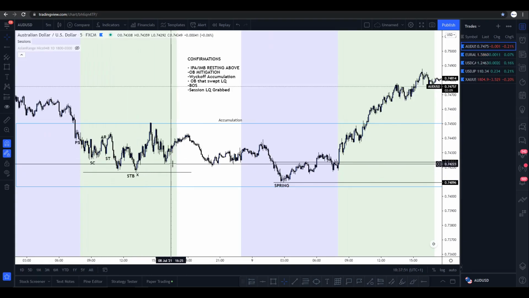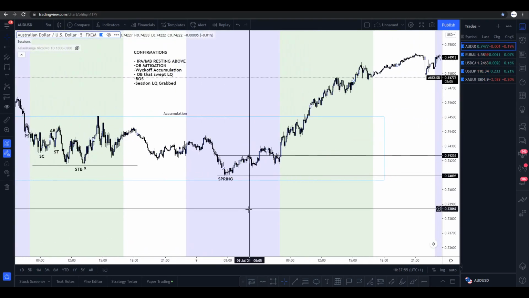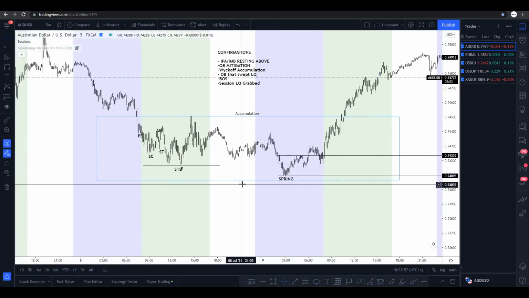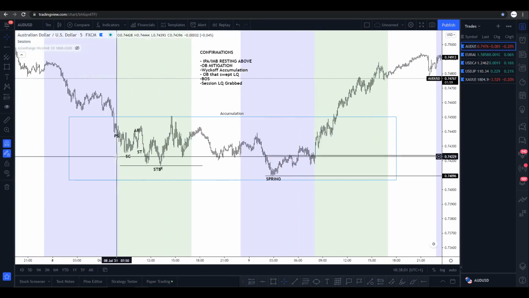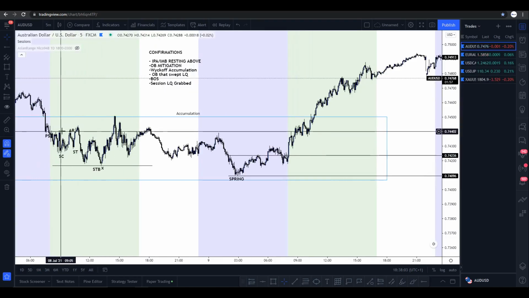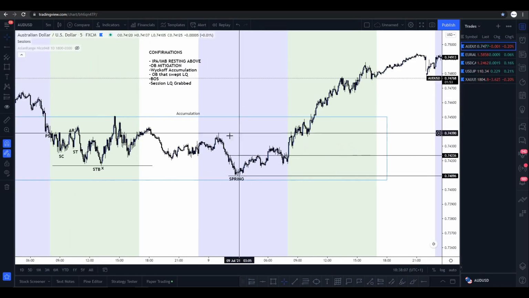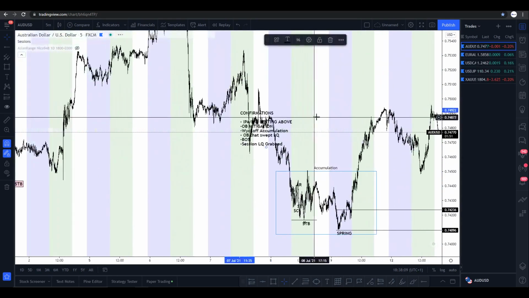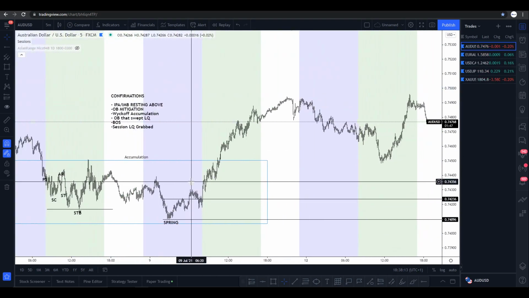If it took out the London session liquidity already, then why does it have any other reason to go down? Well, the truth is it doesn't have any more reasons to go down, and now overall the story is over. This was basically the storyline where there was liquidity. They took the liquidity, and then price went up. The reason it went up is because it has no more reasons to consolidate inside of this area.